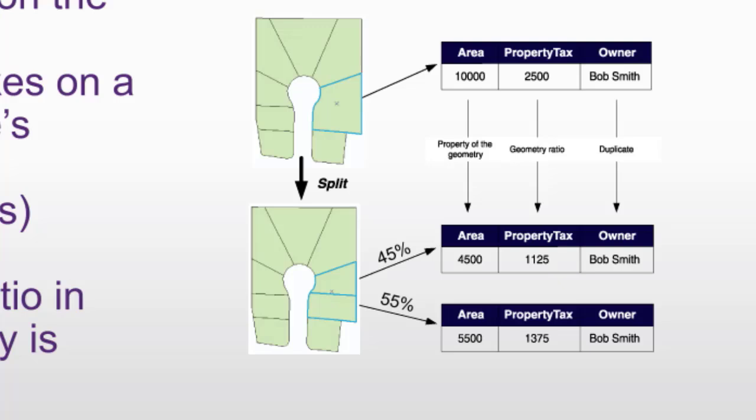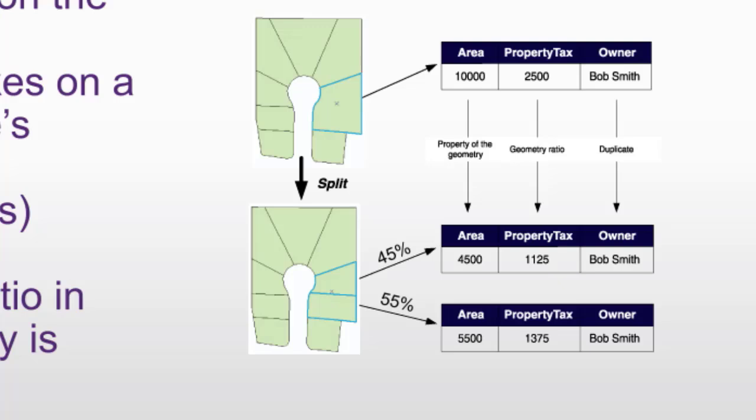So for the area field, the property of the geometry is just split based on the portion of the geometry that's split. So in this case, 45% is allocated to one record and 55% of the area is allocated to the second record.